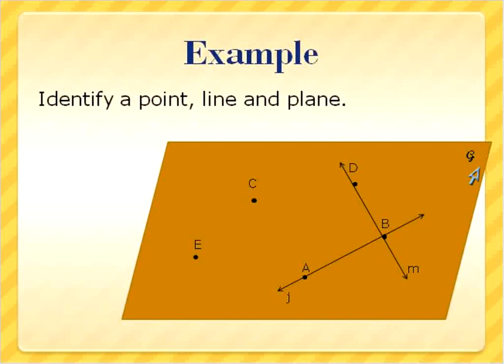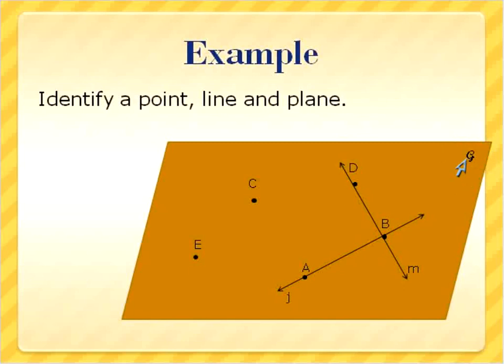Or you can label the plane by saying any 3 points that are on that plane. So we could say this is plane CEA, or it's plane DBA, or DCE. All right, any three points can help us see where a flat plane is, or if it's labeled with a cursive or a script letter, then that would be the name of that plane.